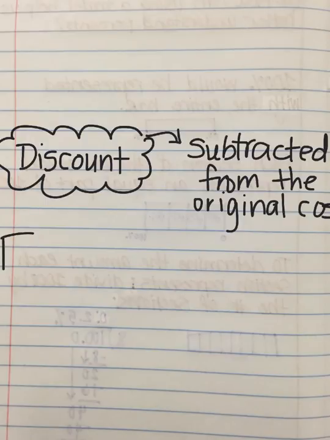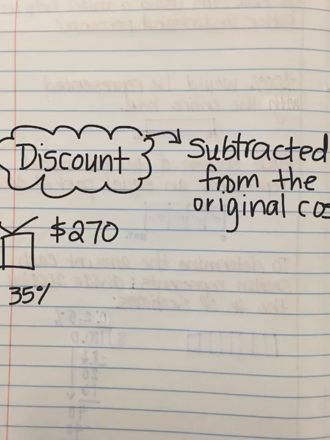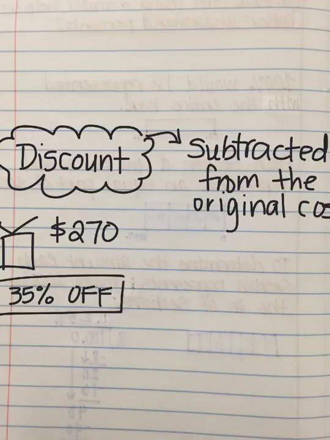Okay. This time we have a TV that costs $270, but there's a nice coupon that says it is 35% off. Woohoo for coupons. Okay. We will continue here tomorrow. I want you to think about this problem before then.